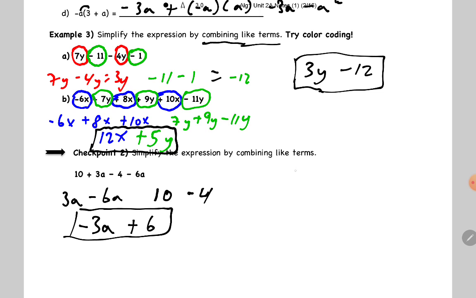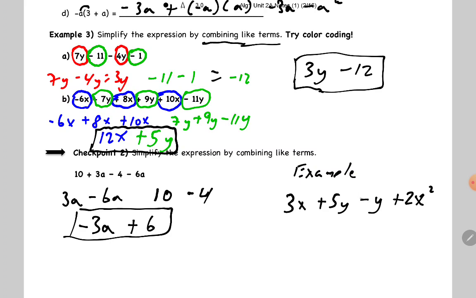Now what if we have... So here's another example. What if we have 3x plus 5y minus y plus 2x squared? Okay. So our like terms are only 5y and minus y.